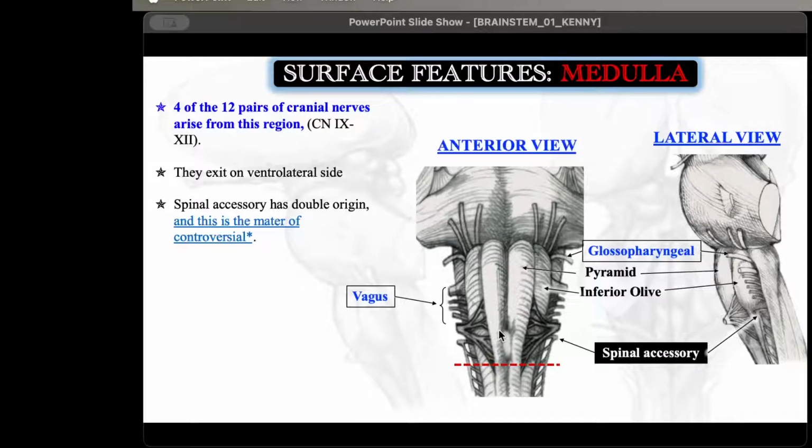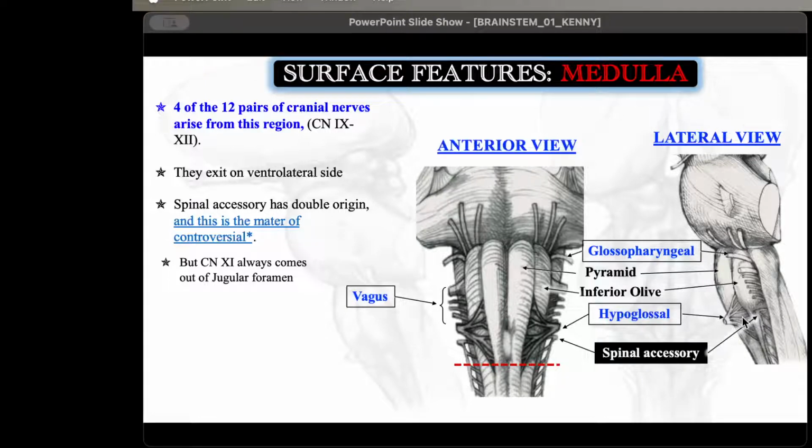And lastly, we have another nerve here, which is known as the hypoglossal nerve, or cranial nerve number 12. You can see here it originates between the pyramid and olive. This is the inferior olive, and then this is the pyramid. It comes in between.